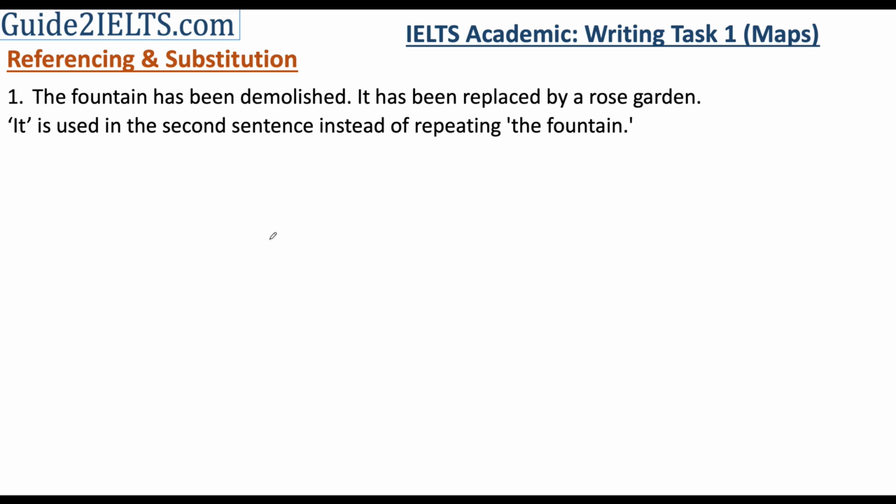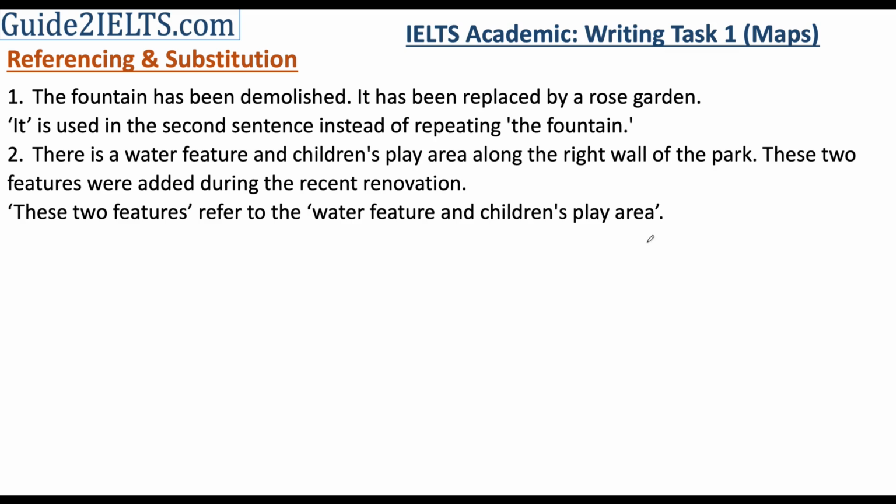The fountain has been demolished. It has been replaced by a rose garden. It is used in the second sentence instead of repeating the fountain. There is a water feature and children's play area along the right wall of the park. These two features were added during the recent renovation.